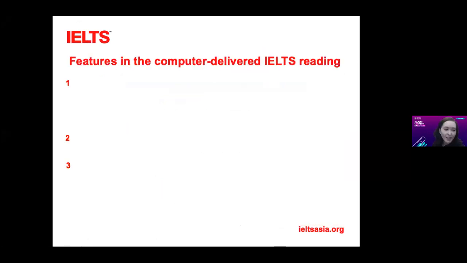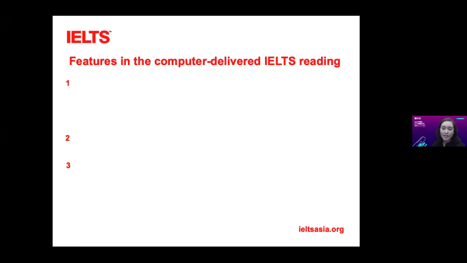Okay, so you could see some question types in the reading test earlier. So maybe if you have taken the IELTS preparation course, you know that there are some question types. Yeah, there were true, false, not given. Usually if you do it paper-based, then sometimes people just write a T for true, or false, an F, and NG for not given.